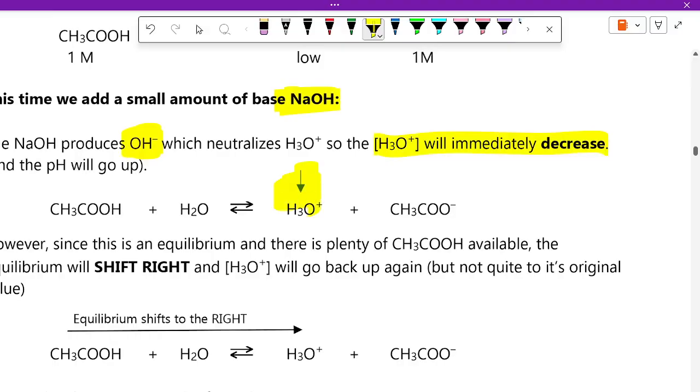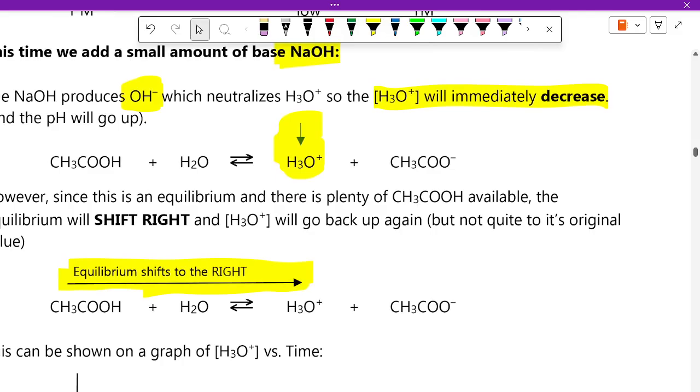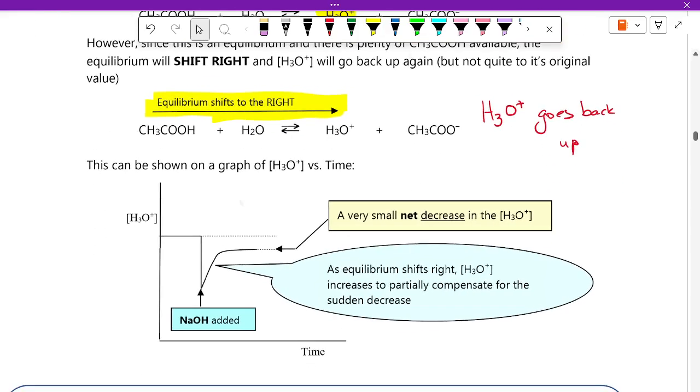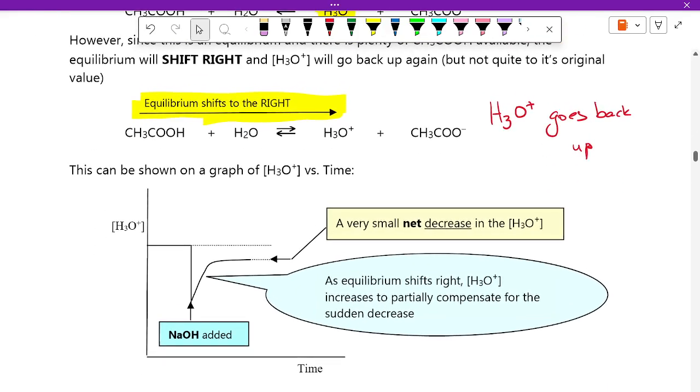Hydronium will immediately decrease, which will cause it to shift to the right, which will mean that the hydronium will go back up. So our graph is going to look like this.